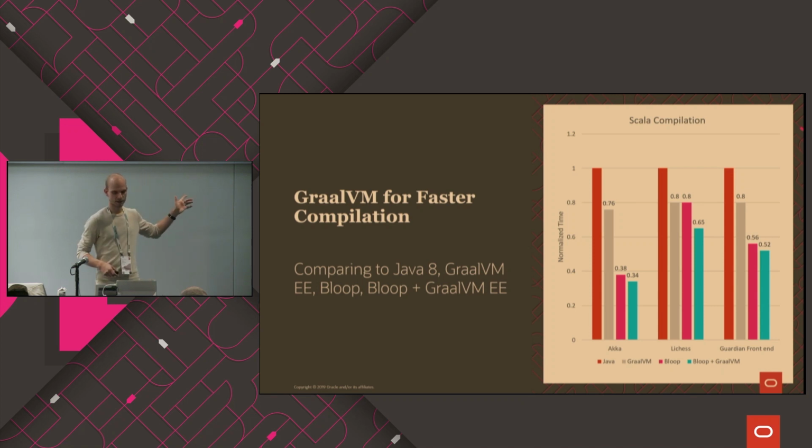Here are some numbers comparing just running the Scala compiler on different projects, normally on OpenJDK, Java 8, on GraalVM Enterprise Edition, and then using Bloop, which is an alternative Scala compilation toolset where you pipeline the compilations, both again on the JDK and on GraalVM.